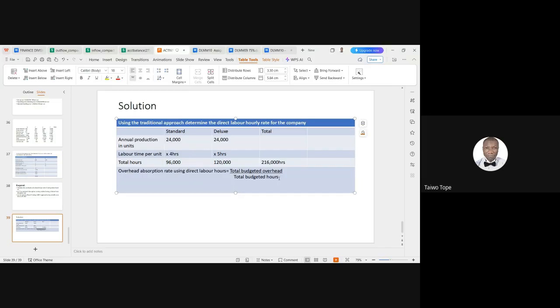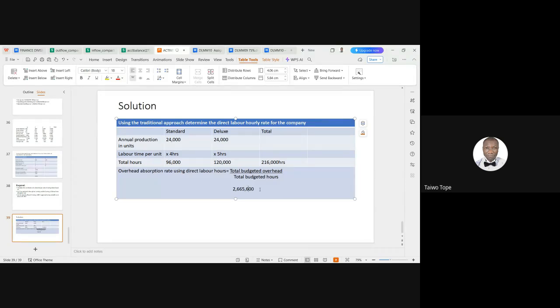So in this case, the total budgeted overhead given in the question is 2,665,600.